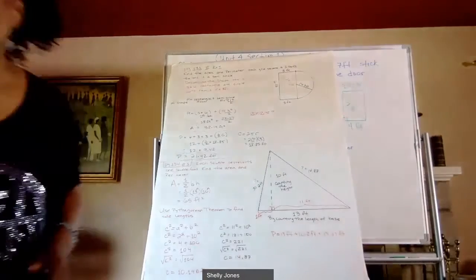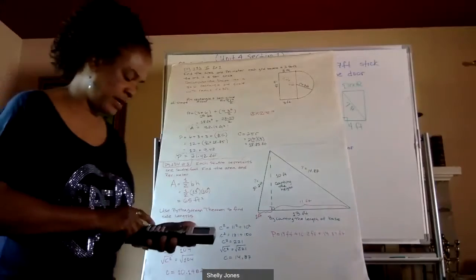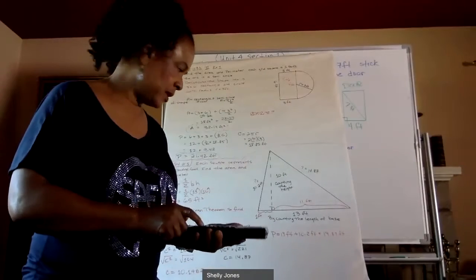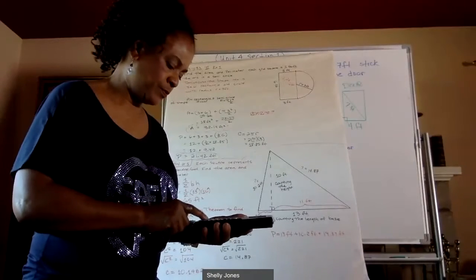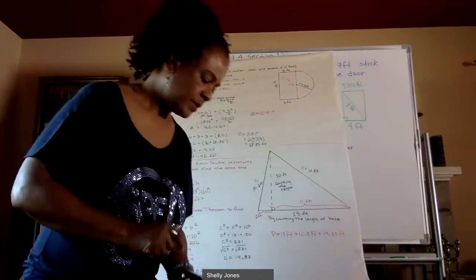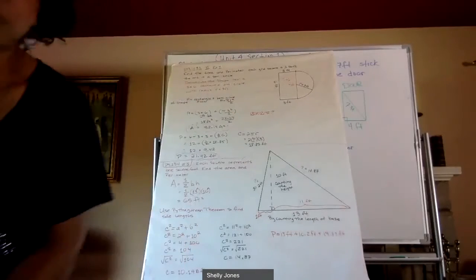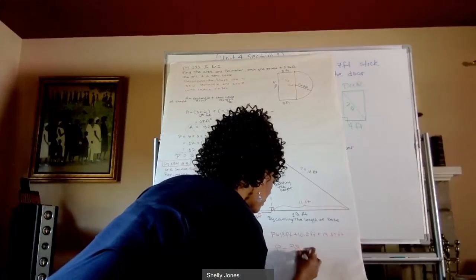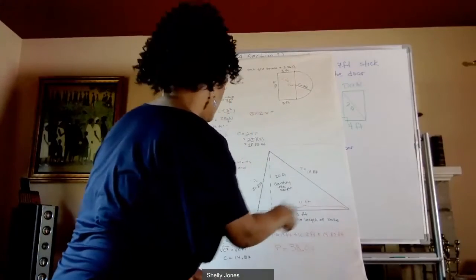And then I can add those together to get my perimeter. And I'll just do that just to finish it off. So I have 13 plus 10.2 plus 14.87, and that's 38.07. So my perimeter equals 38.07 what? What is it? Feet.